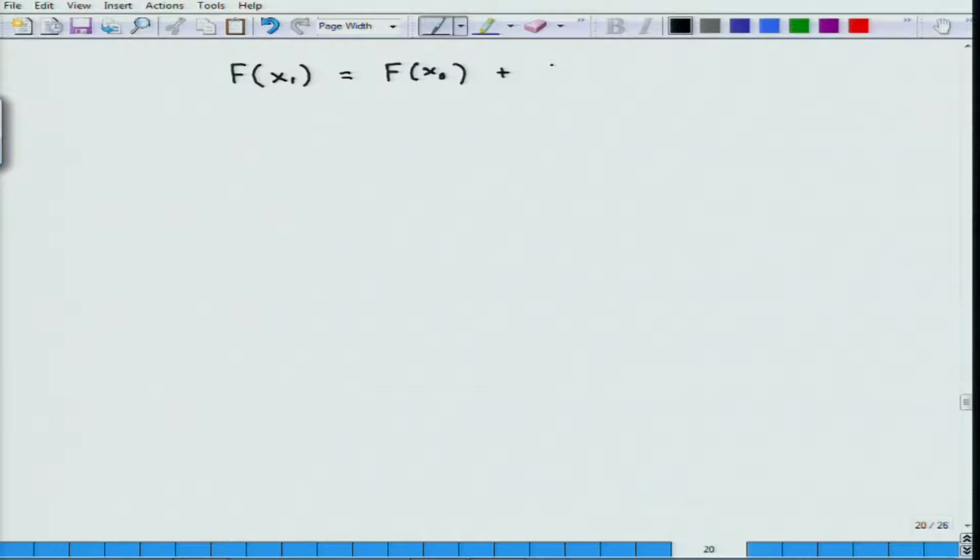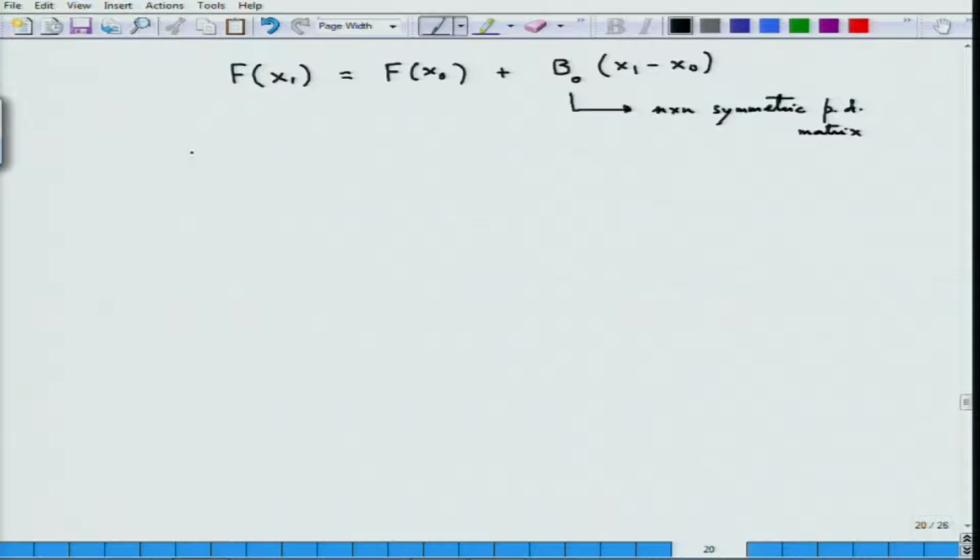So, what I have is some PD matrix, an n cross n symmetric positive definite matrix. Once I do that, it is very important to note the following.